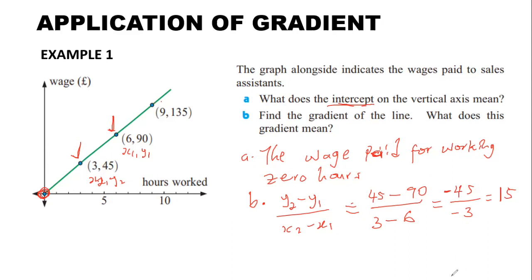So in this context, what it means is that for every hour worked, the wage is going to increase by 15 since the gradient is 15. It simply means that for every additional hour worked, the wage is also going to increase by 15 pounds.